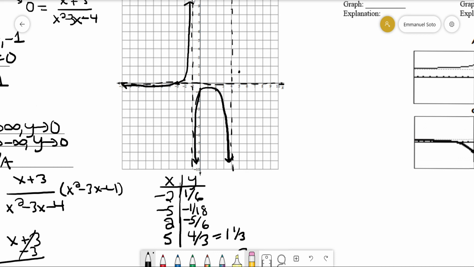Approaching there. And then this guy is trying to approach here and here. Alright, and there's your graph. So it looks pretty complicated because you have the two vertical asymptotes.